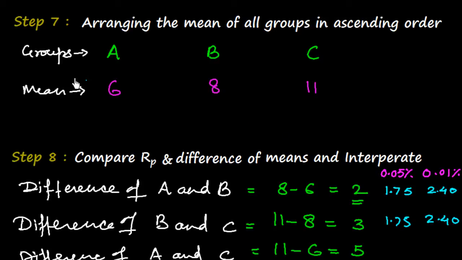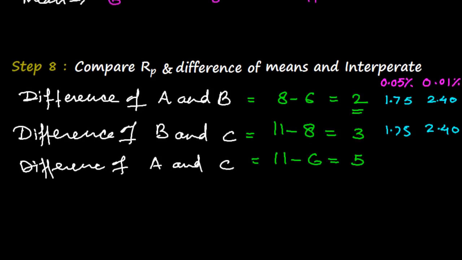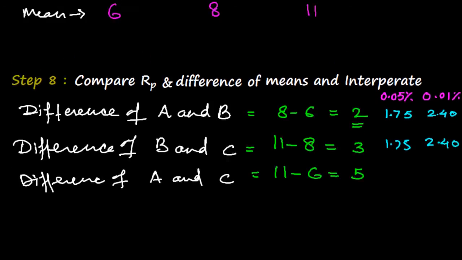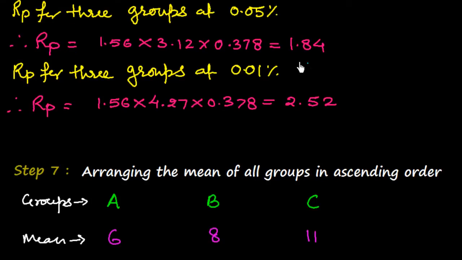If we are taking the smallest and the largest one, the difference of the smallest and largest one will apply for all three groups. The difference of all three groups would be 5. So we have to compare with these values 1.84 and 2.52.